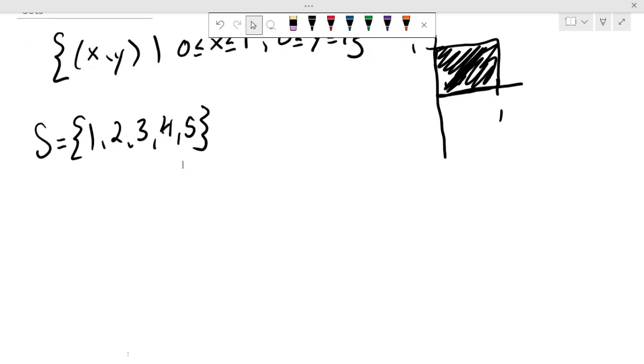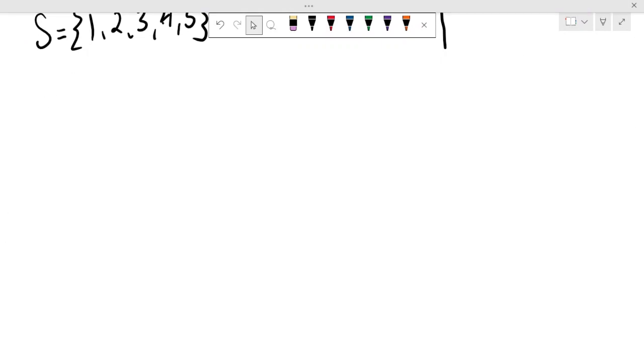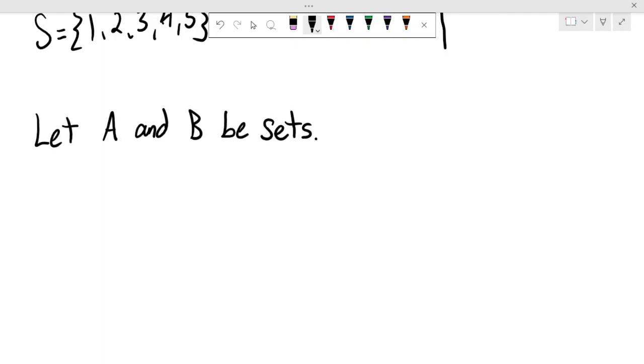So let's go ahead and start with just a few definitions that should be kind of familiar, maybe not formulated this way. Let A and B be sets. Then we can make some new sets out of this. Like we could make the intersection of A and B, for example.